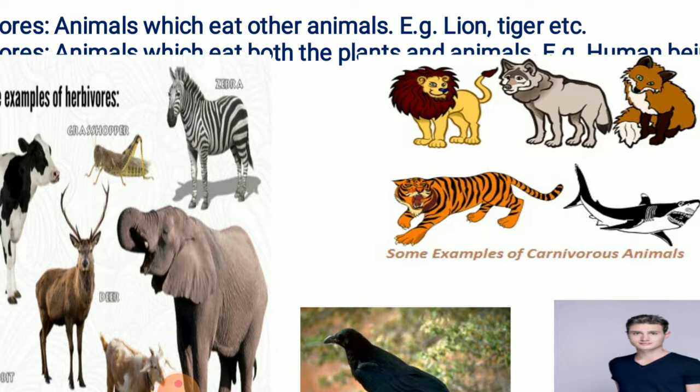Okay, tiger and lion never eat grass, they eat the flesh of other animals. So they belong to the carnivorous animal group.